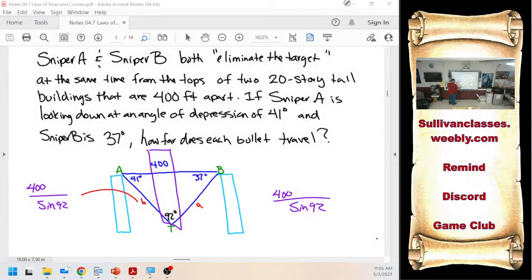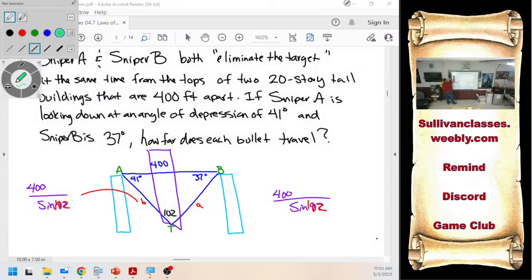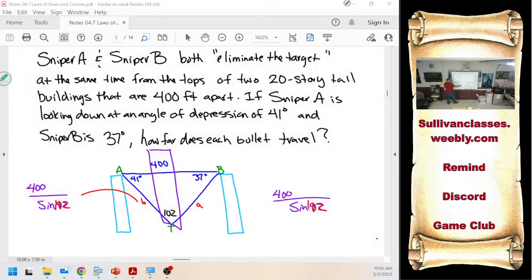Crud. Well, got him. 102. And then, if I'm trying to find this one, I'll use the angle across from it, sine of 37. If I'm trying to find little a, I'm going to have sine of 41.